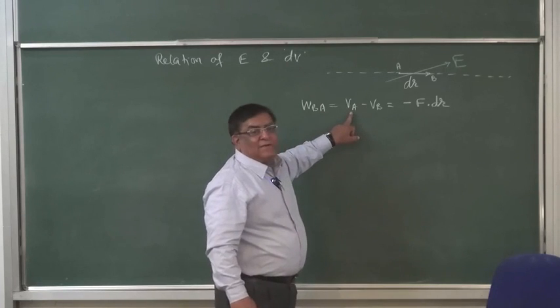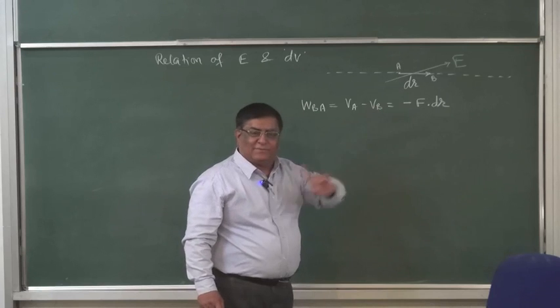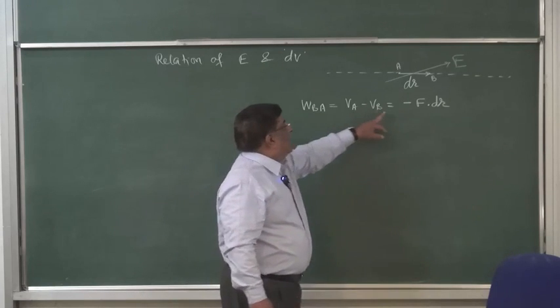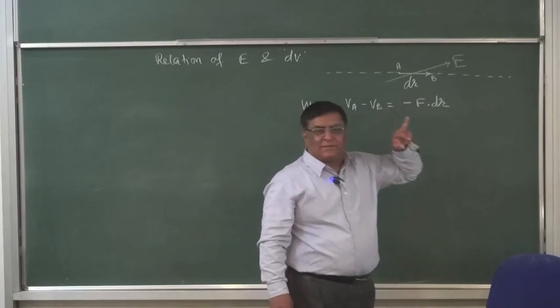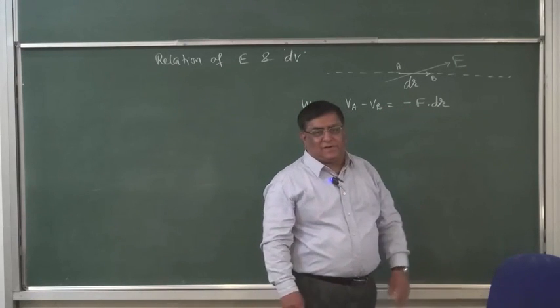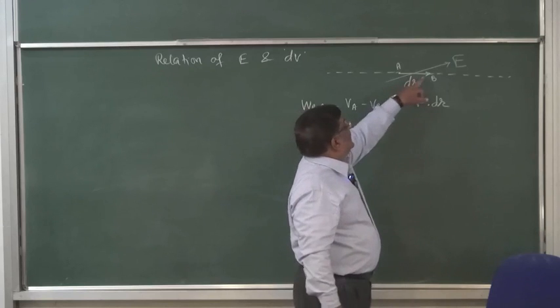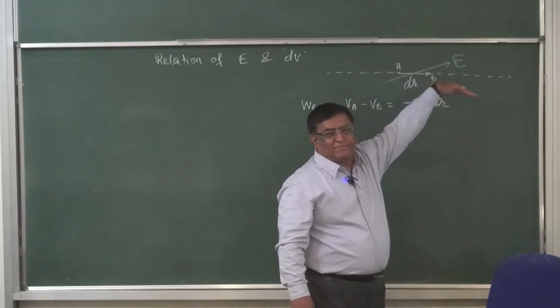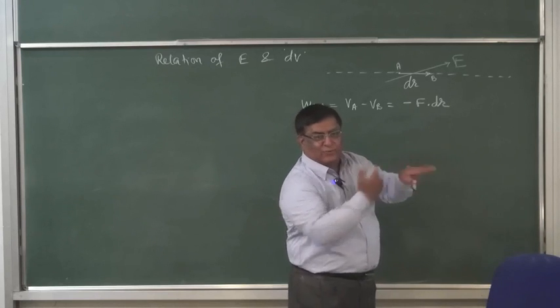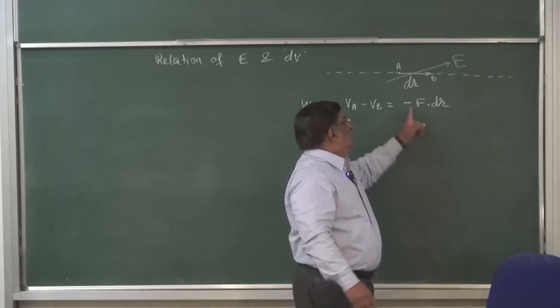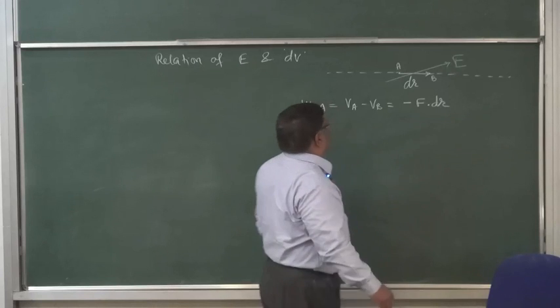Final minus initial. This point clear? Okay. And this is how much? F into dr. Why minus? Because dr has a direction in this direction and F is in this direction. These two vectors are opposite to each other. So minus. Right.